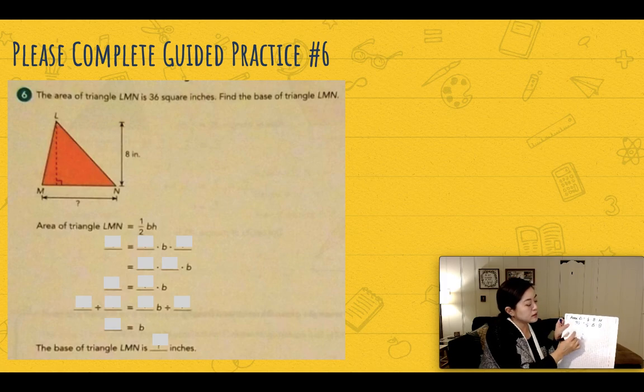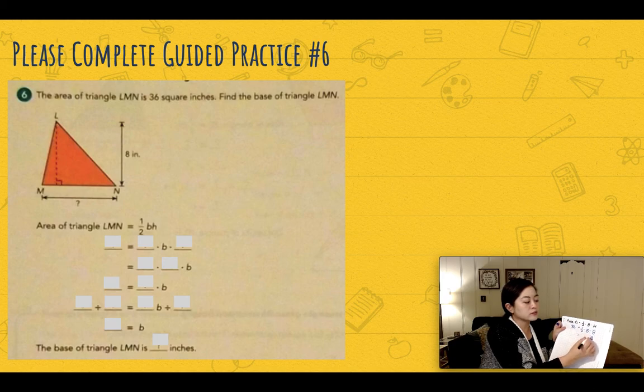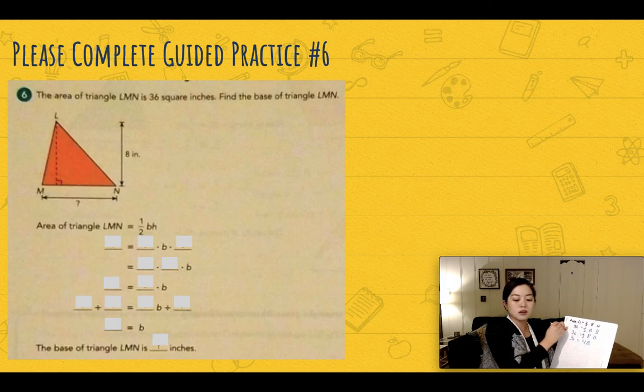Now again, I'm going to move around my values here where the unknown variable is last, and then my number values are before my unknown values, okay? So now this becomes, what is half of 8? That's 4. This becomes 4b.